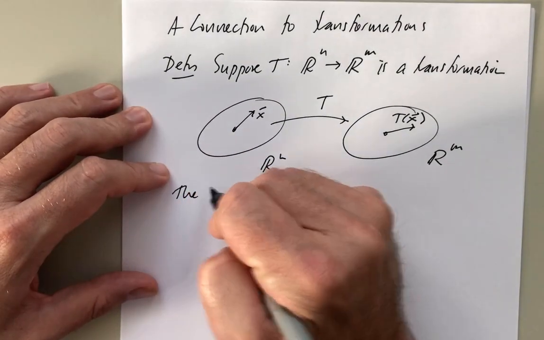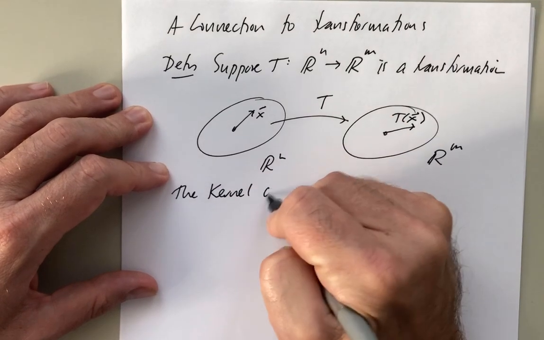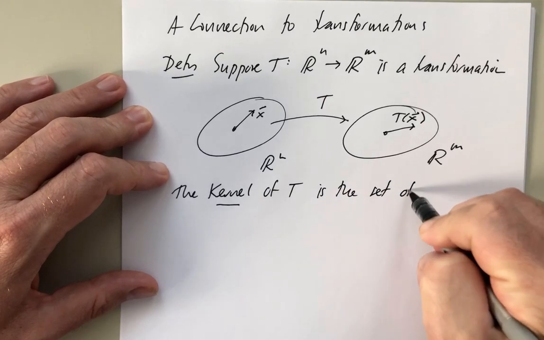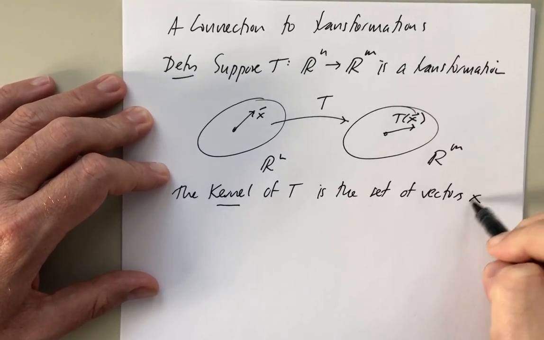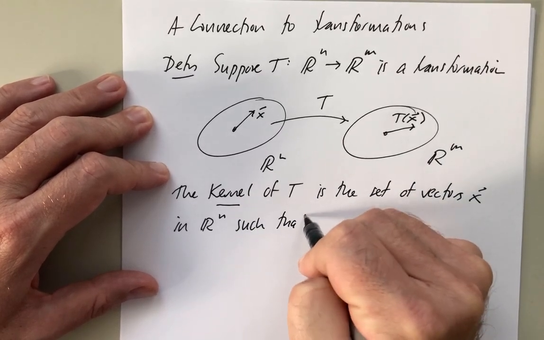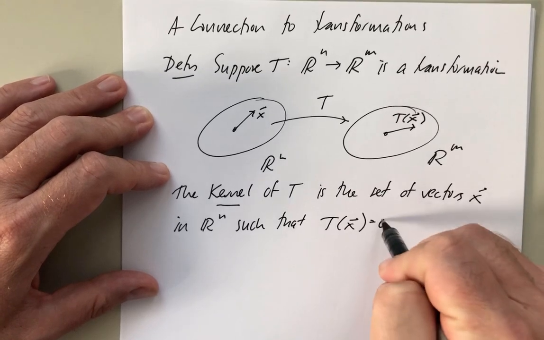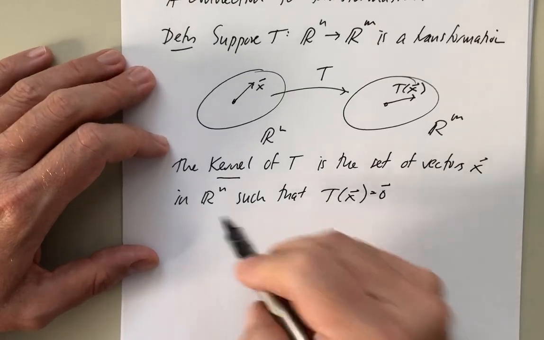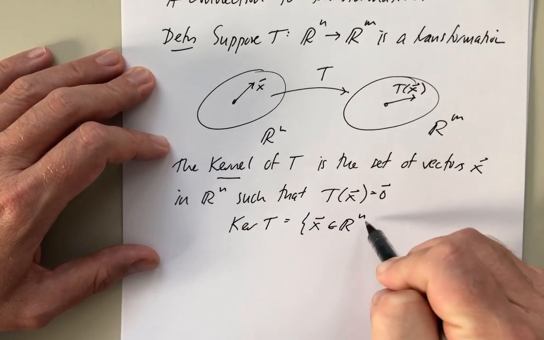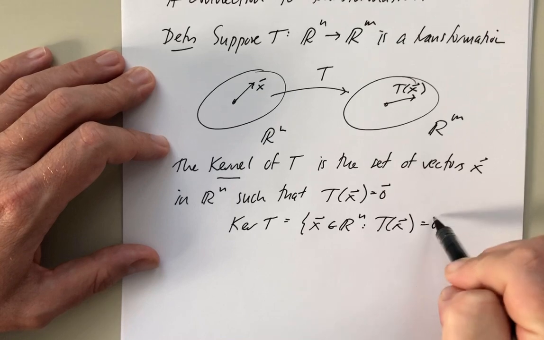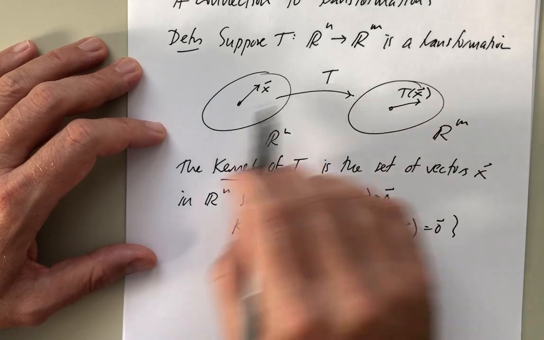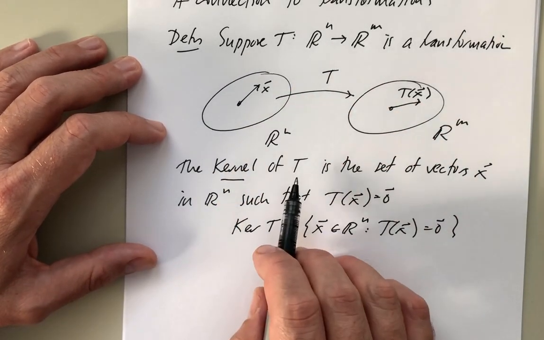So the definition, first of all, is that the kernel of this transformation T is the set of vectors x in R^n such that T of x equals 0. In a more mathy way to say this, the kernel of T equals the set of x in R^n such that T of x equals 0. That's one notion: any transformation gives rise to what's called the kernel.